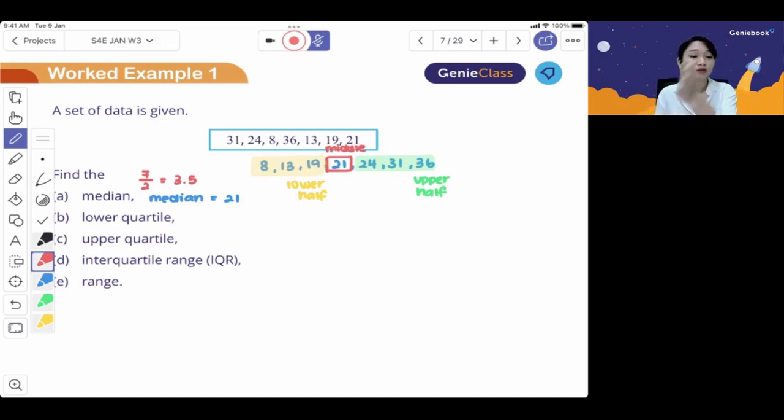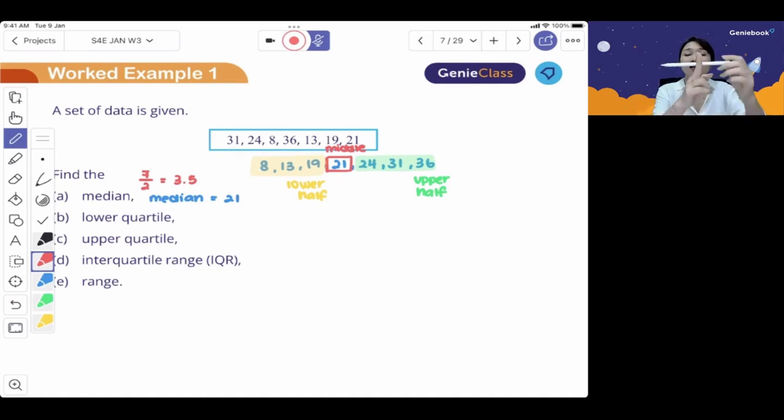After we remove the center, imagine you have a bar of string that is this long. Then you cut it in half. So now you have two pieces, two halves, one half and one half. If this part is 0, then 0 to this portion will be your lower half, and this portion will be called your upper half.